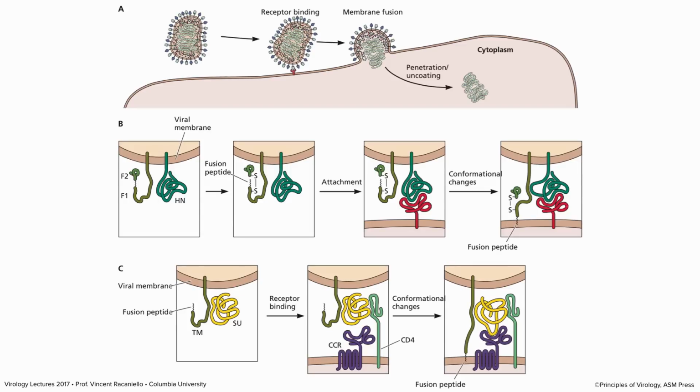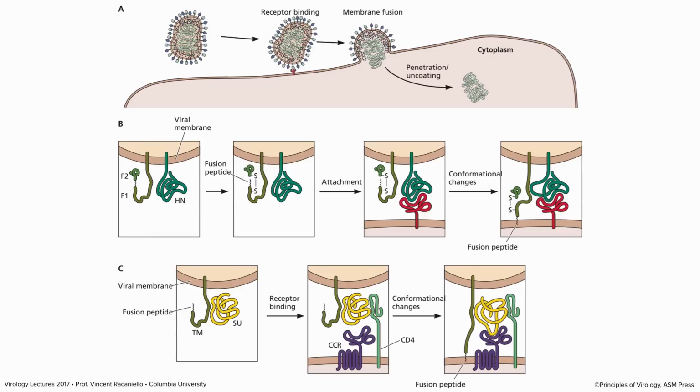So as these viruses are floating around in your fluids, they don't want to be fusing with any membrane they bump into, so they keep the fusion peptide hidden until the virus binds the right receptor, which is presumably on the right cell, and then they can get in. So the fusion peptide enters the membrane and catalyzes fusion. How it does that we'll see a bit later for some other viruses.